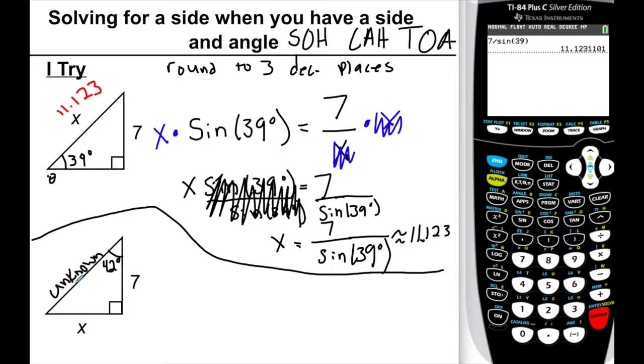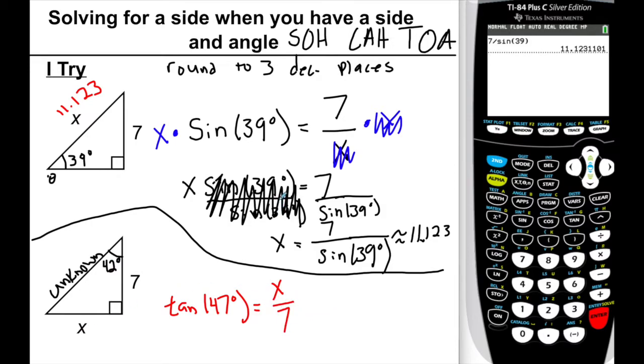So if we take a look, sine, I need the hypotenuse. Cosine, I need the hypotenuse. But notice tangent, all I need is the opposite and the adjacent. So in other words, I know that tangent of 47 degrees is equal to the opposite side from it over the adjacent side from it.